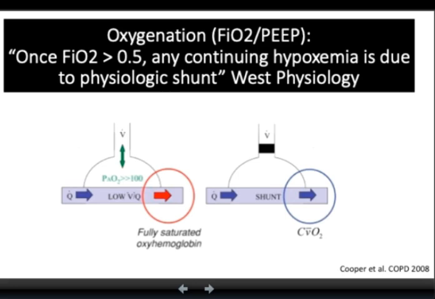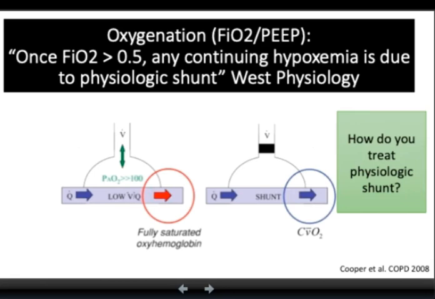In patients with consolidated or atelectatic lungs, the lumen of the alveolus is either filled with pus or completely collapsed so that there is no air coming through this space. As a result, all venous blood that perfuses this alveolus is not being oxygenated and comes to the left atrium non-oxygenated. We call this phenomenon a physiologic shunt.